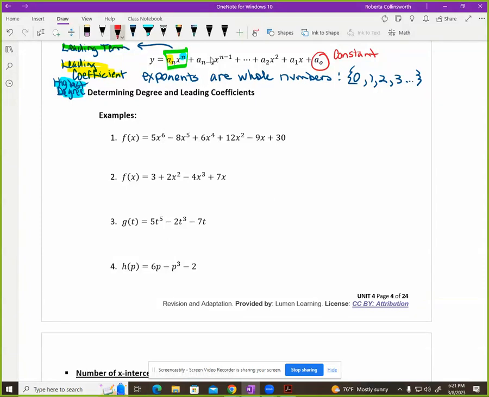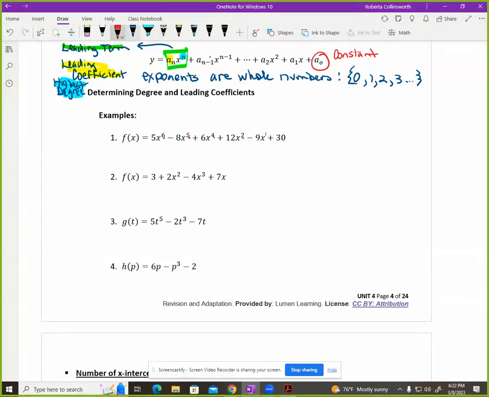Okay, so we're going to look at these examples and we're going to say what the leading term is, the leading coefficient, and the degree. So first of all, when I look at this, I have to see if it is in descending order by its exponents. So I'm going to look at my exponents. This is x to the first. Here's my constant term, so that's x to the 0. This is in decreasing order.